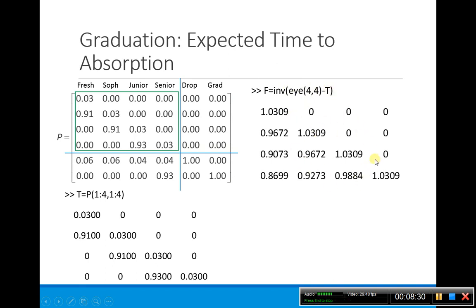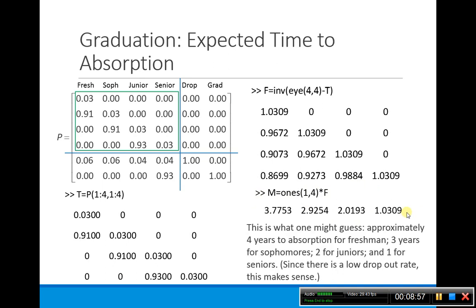Here we get our F. Now we can sum up those columns. The other way of thinking about doing this is, remember, we can say our M is those 1s, so this is a vector of 1s, 1 row by 4 columns, times our F, the same as if we just summed up our columns. So this is our expected time to absorption.